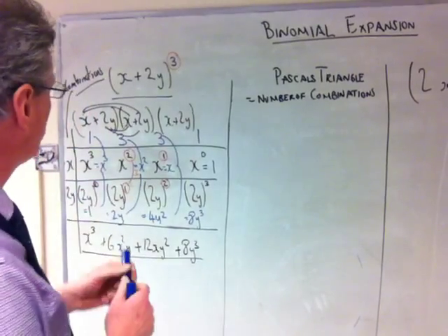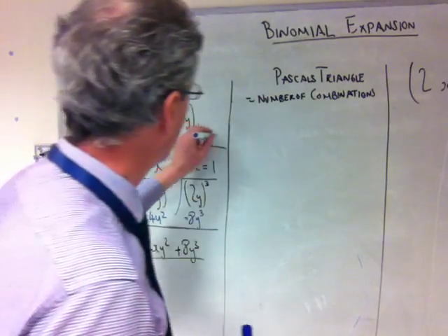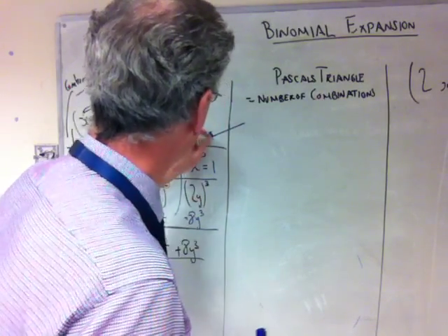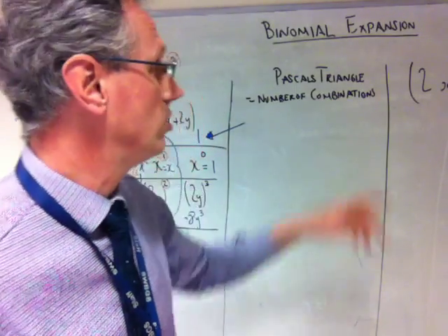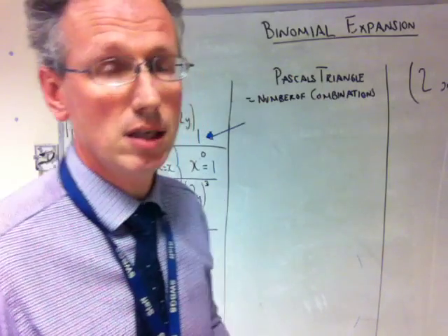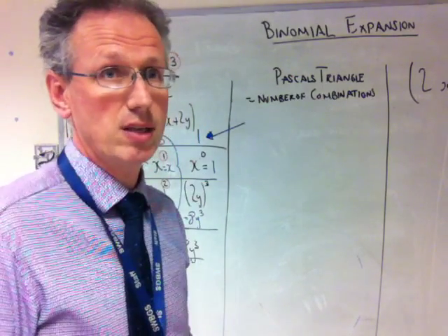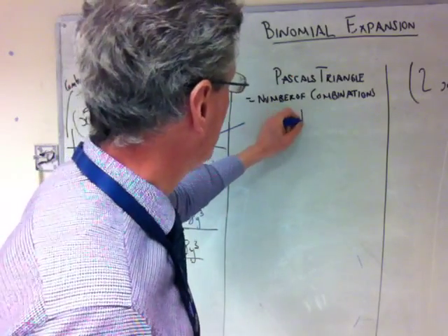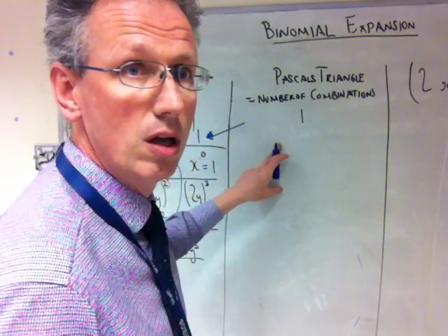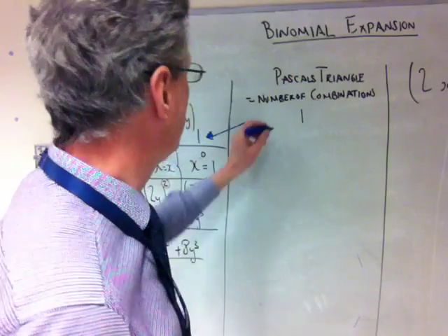Now, the one thing I want to point out is this number of combinations. One way of finding those number of combinations, certainly for some of the more complicated examples, is to use something called Pascal's triangle. Very briefly, I'll draw it for you. It's basically the numbers below are the sum of the 2 numbers above.